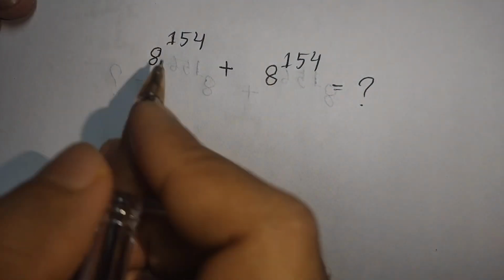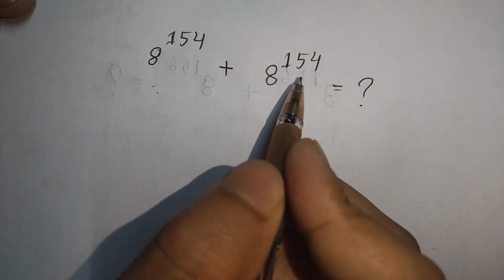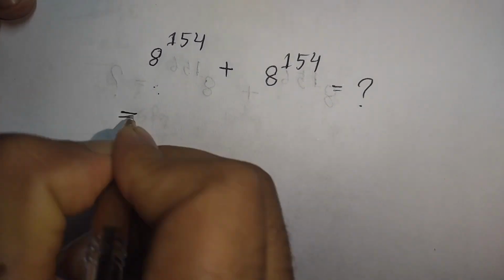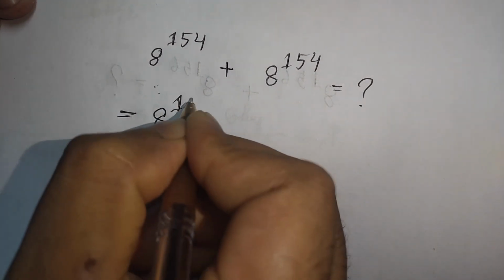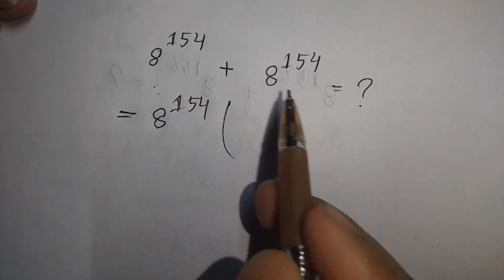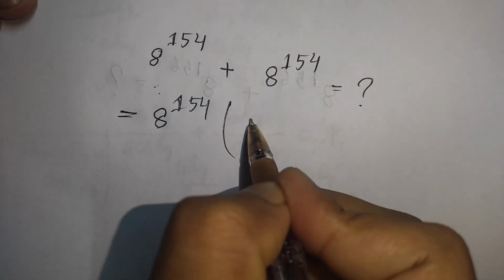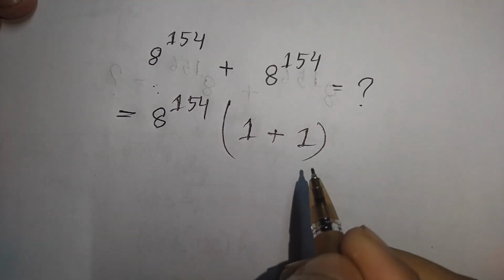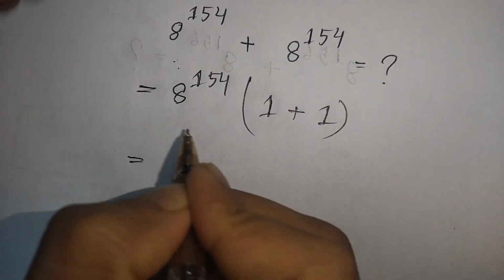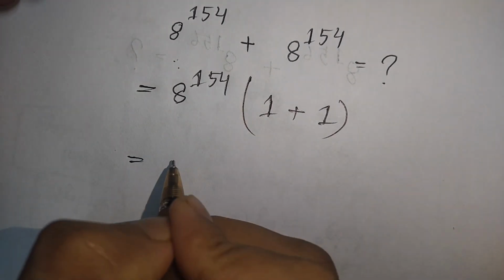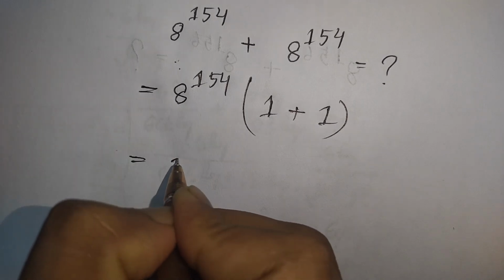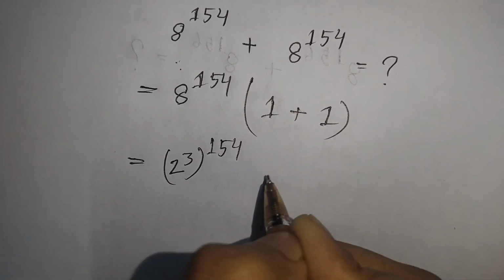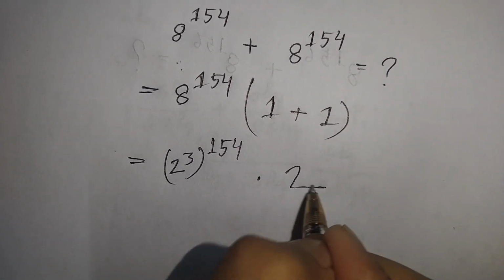So this is how to solve. Now 8 to the power 154 plus 8 to the power 154 is equal to what? At first we take common 8 to the power 154, first bracket start, this divided by this, that means 1, plus this divided by this, that means 1. Now 8 to the power 154 is the same as 2 to the power 3, bracket to the power 154, times (1 plus 1), that means 2.